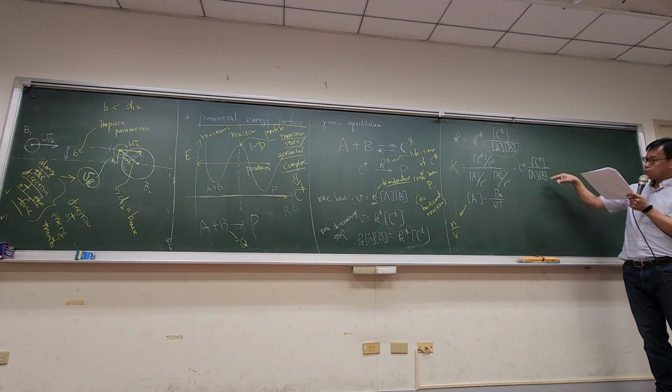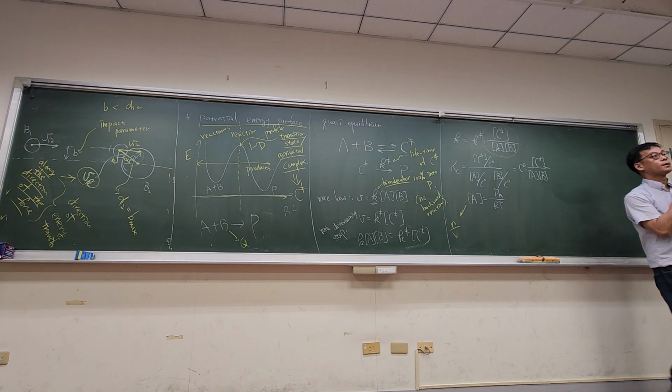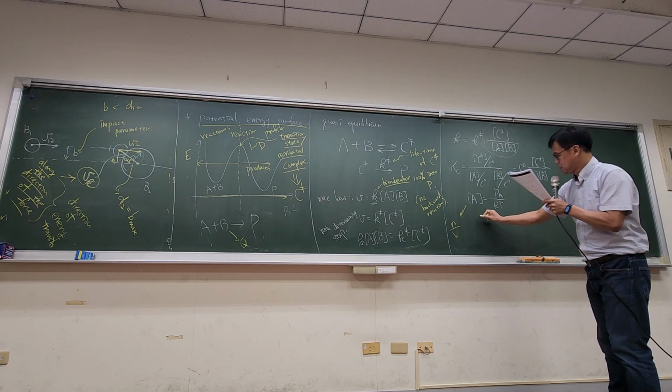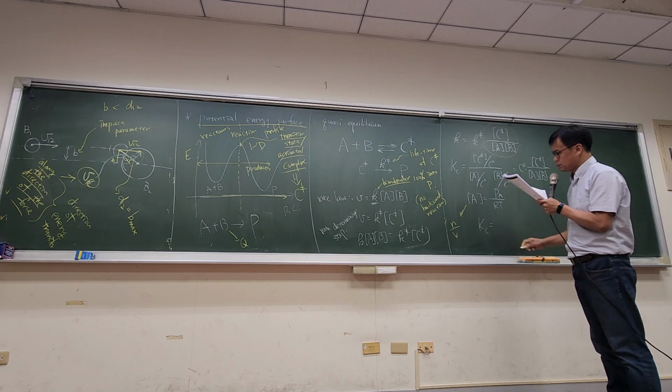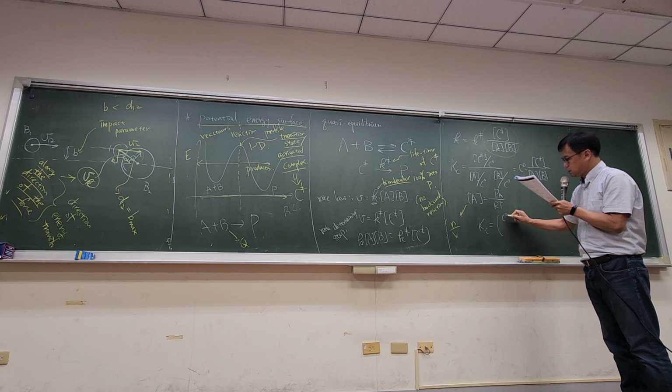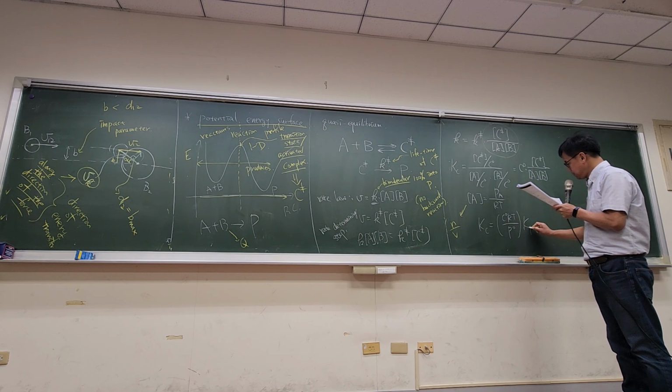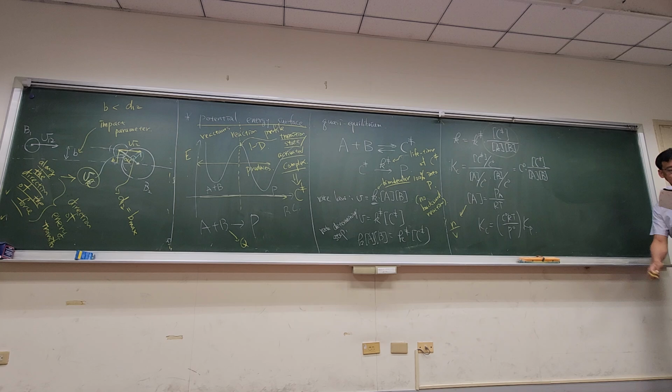So replace everything here. We have a relationship between Kp and Kc. So Kc equals C0 RT over P0 times Kp.